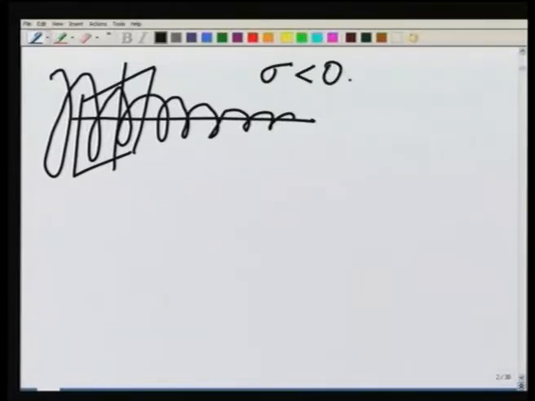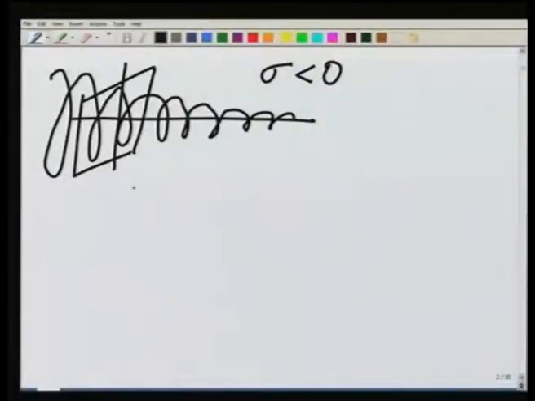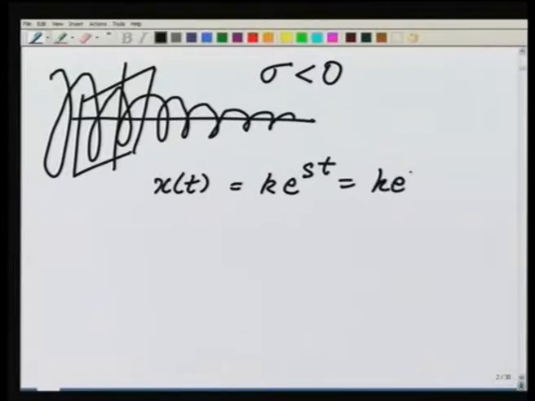So, summarizing the properties of this complex exponential helix, we could say the following. Let us write down the expression for the function first. Let us say that x of t is k times e to the s t equals k times e to the sigma plus j omega t.